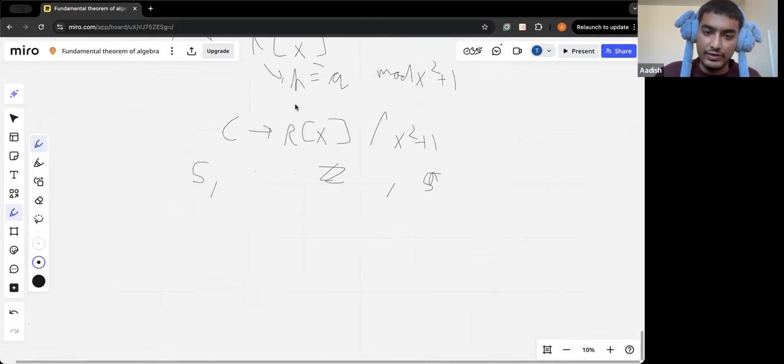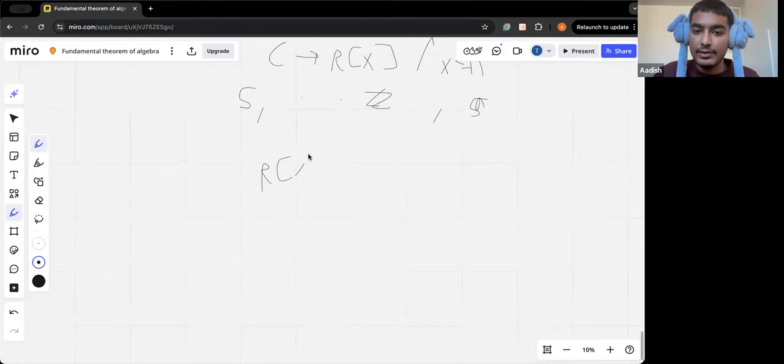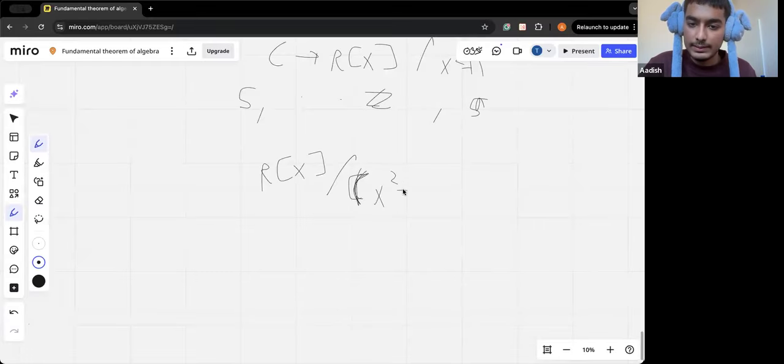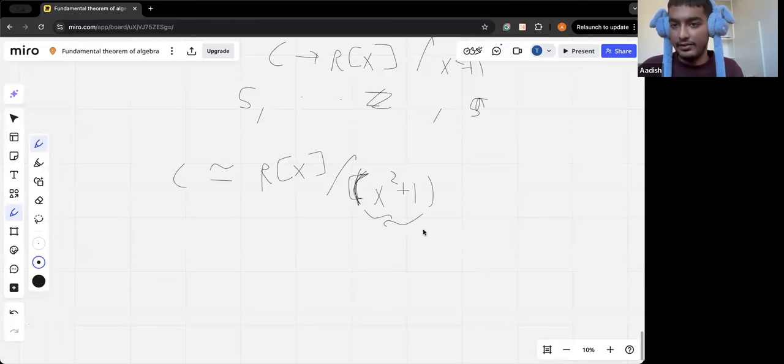So in notation, you start with R[x], and wait, do you use curly brackets here or square brackets? I think you use parentheses. So in notation, C is the ring of polynomials where we declare that if two things differ by a multiple of x square plus 1, they are the same.